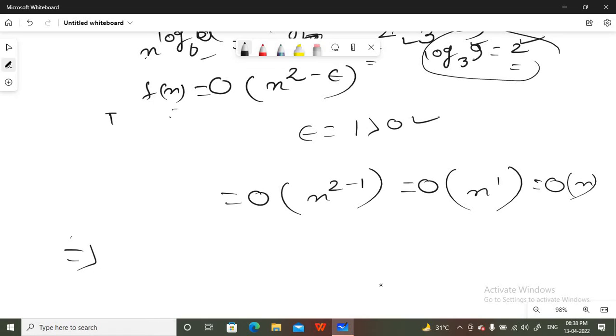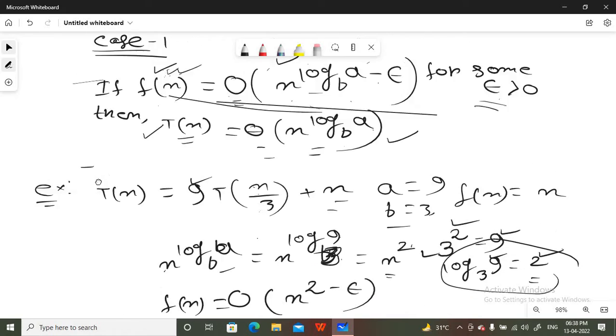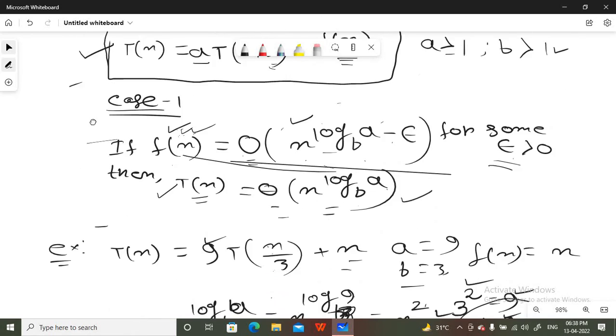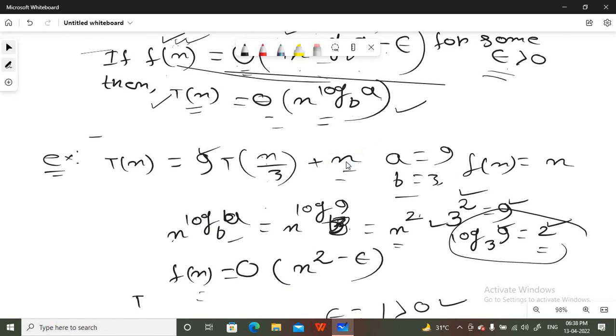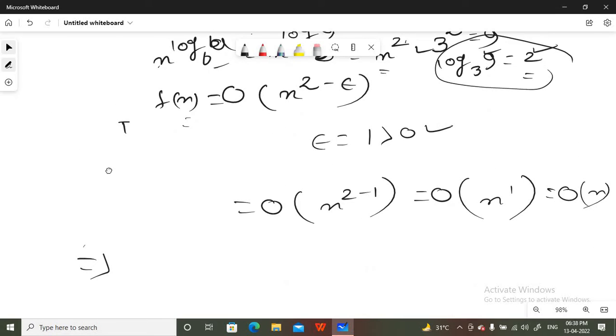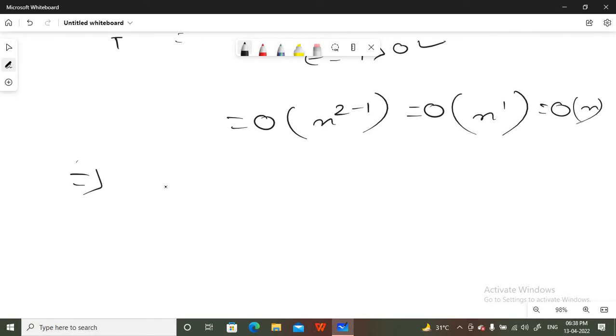F of n is nothing but n. Okay, so let's write n equals order of n, isn't it?